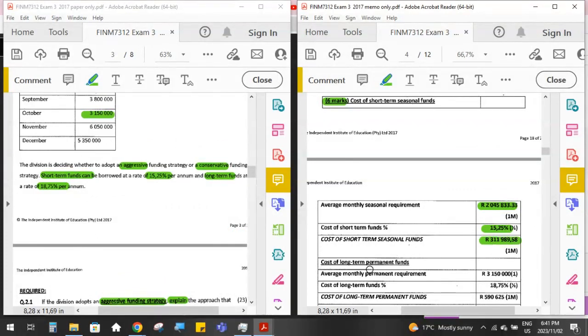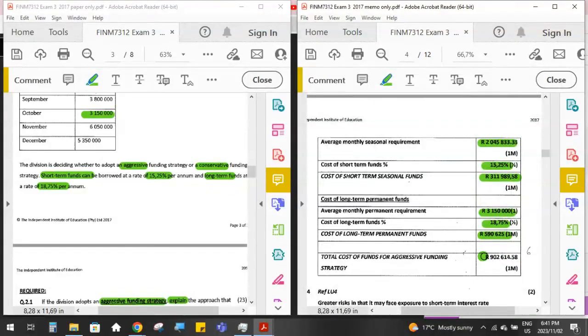Then the cost of the long-term permanent funds is the 3150. We need to borrow that for the entire 12 months, so that's why it's a long-term section, and we are paying 18.75 for that. So 18.75 times 3150, and we get our long-term interest cost. Then we add the short-term and the long-term cost together, and we get our total cost of the funds for the aggressive funding strategy for the year.